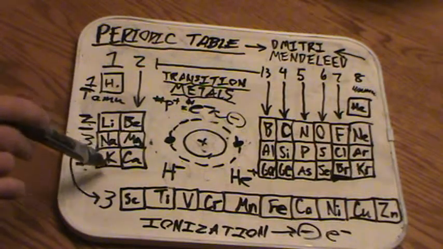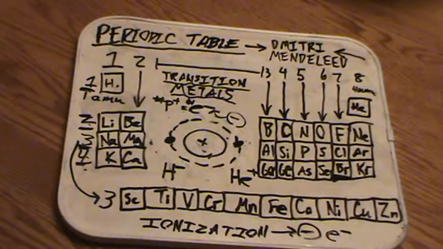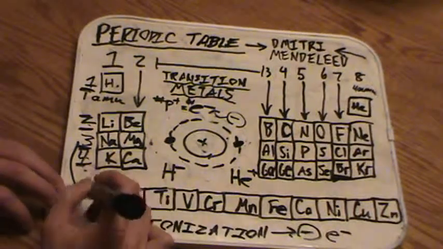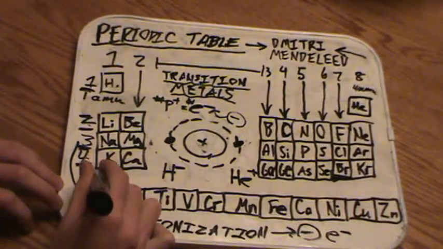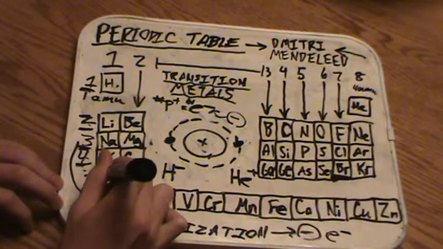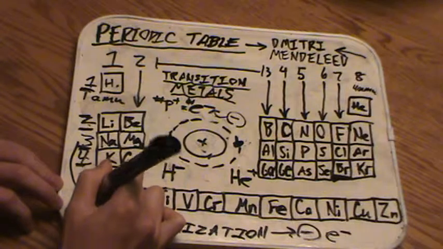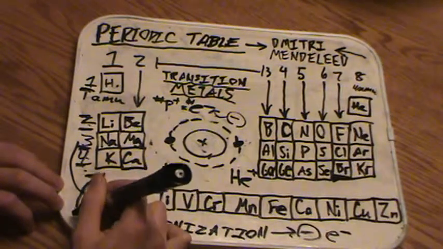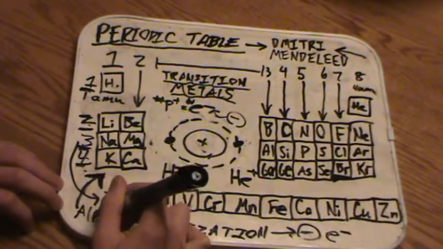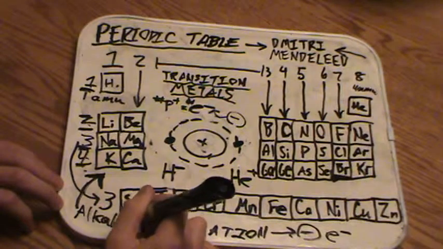But these elements that I just listed are called the alkali metals. And they are very reactive for reasons we will talk about when we get into orbitals. But for right now, we know they are called the alkali metals.